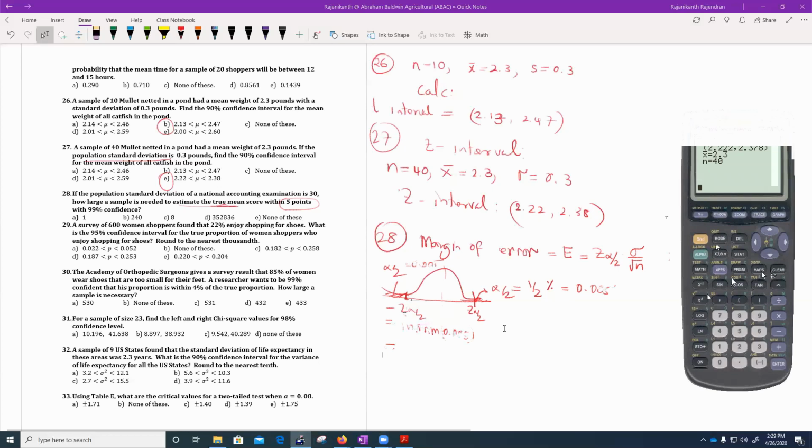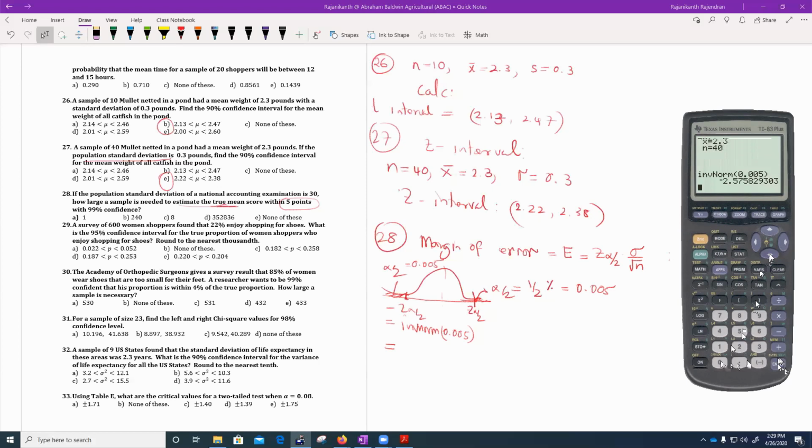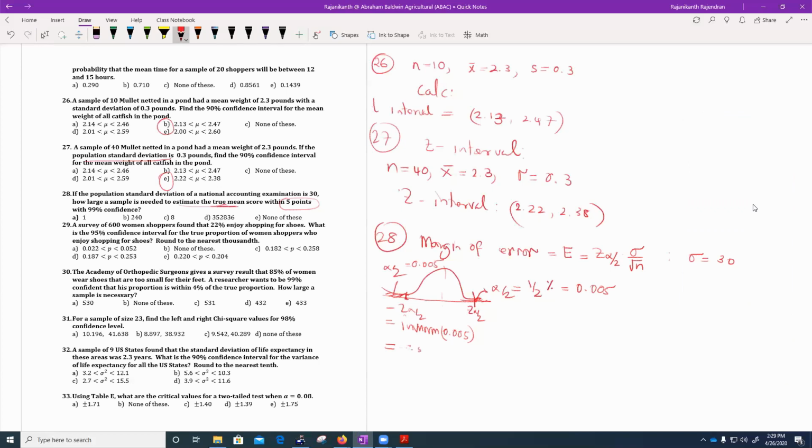So I'm using the inverse norm function, that is 0.005. So what is that? That is negative 2.58. So therefore, this is negative 2.58. This should be positive 2.58 then. So you know now z alpha over 2. So plugging those two values, you will get E, right?